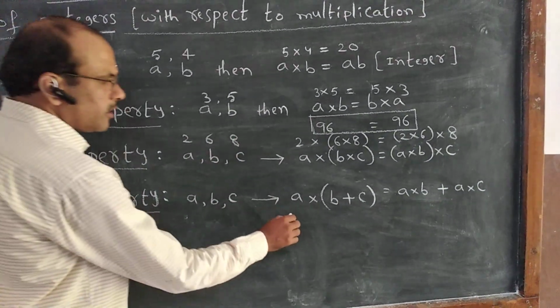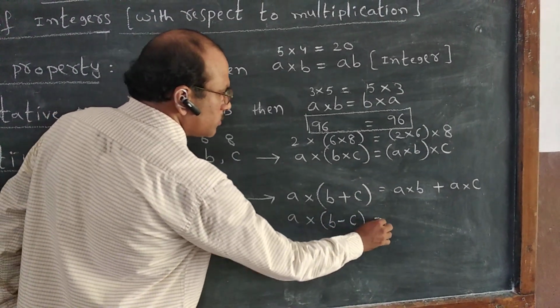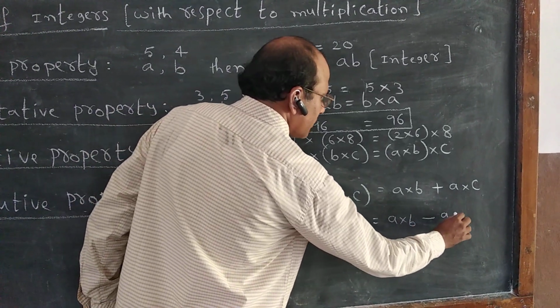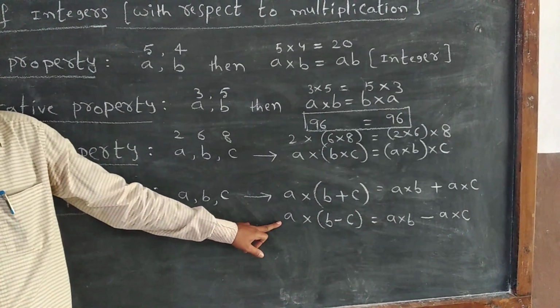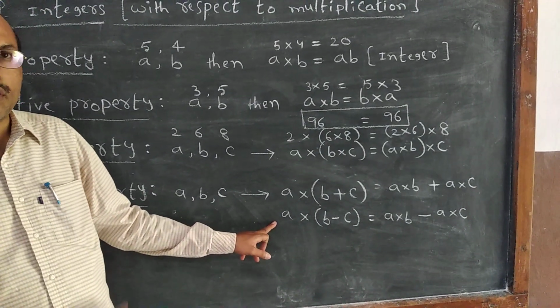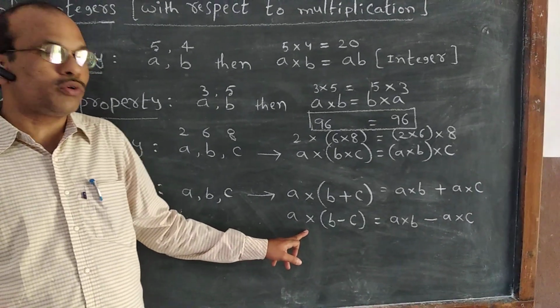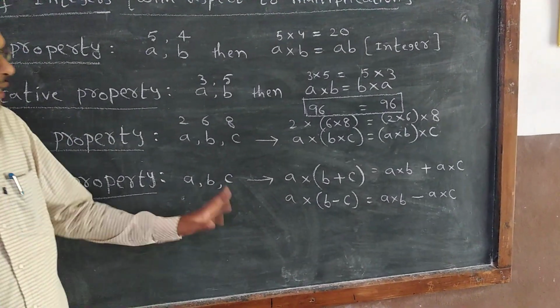Here, a into b minus c is equal to a into b minus a into c. This is also true for the distributive property of integers. Multiplication is distributed over subtraction for the integers.